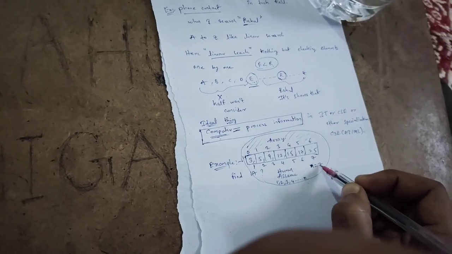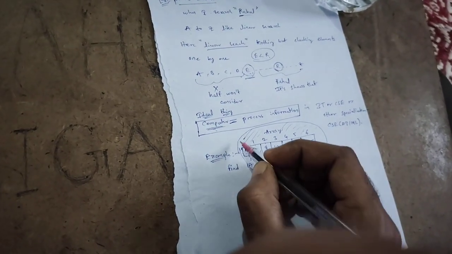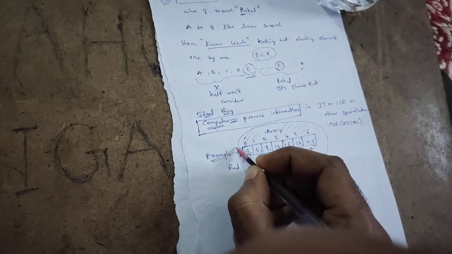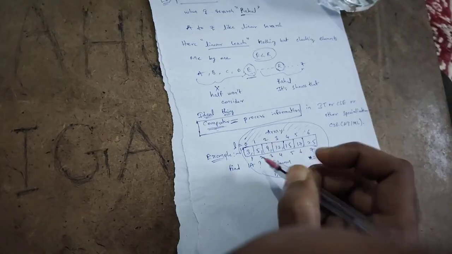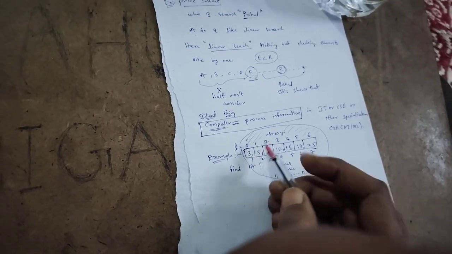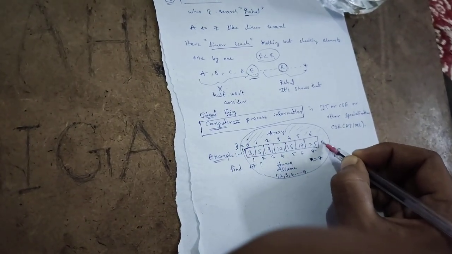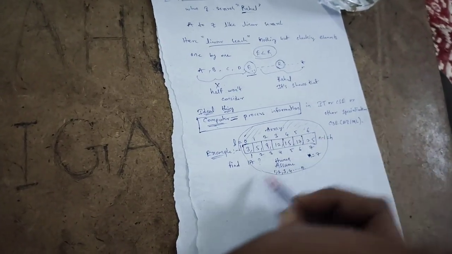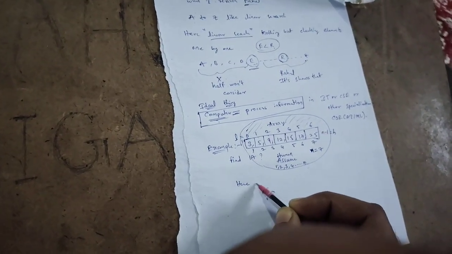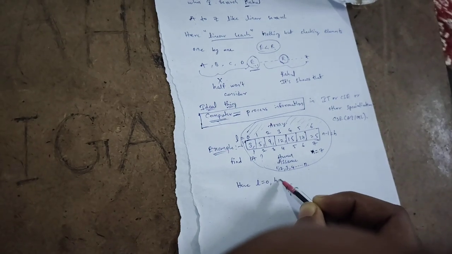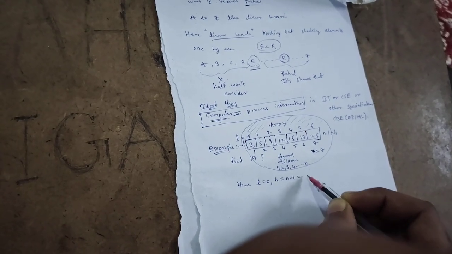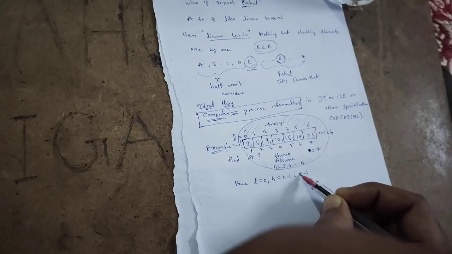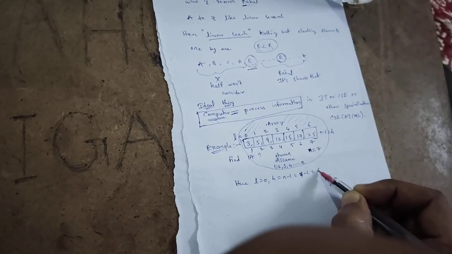Here n equals 7. We consider the lowest index equals 0 and the highest index equals n minus 1. We assume L equals 0 and H equals n minus 1, that is 7 minus 1 equals 6.